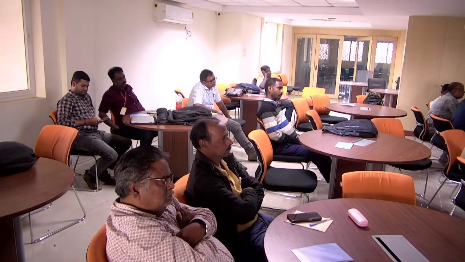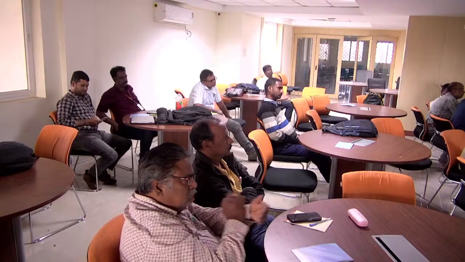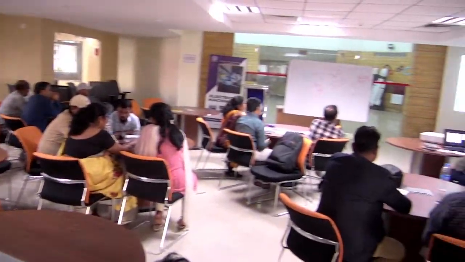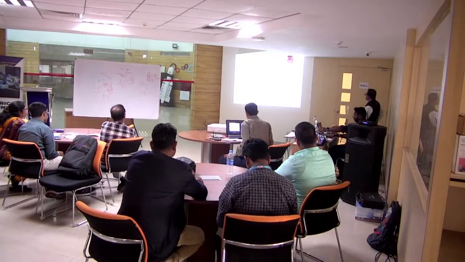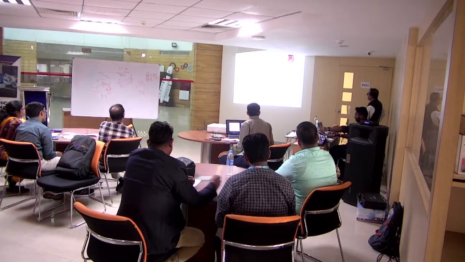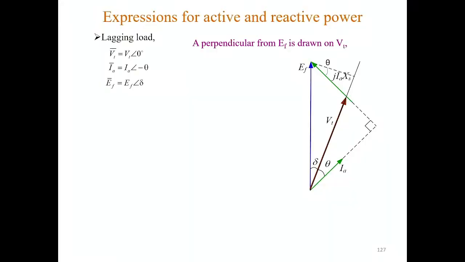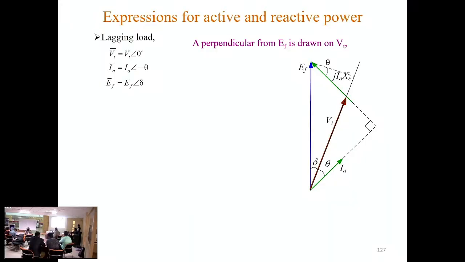So here a perpendicular is drawn from Vt. Here this angle is theta, and this angle will also be theta, because this one is 90 degrees, and this angle and this angle are opposite angles, so they are the same. So the third one will be the same, right? So this angle is theta.